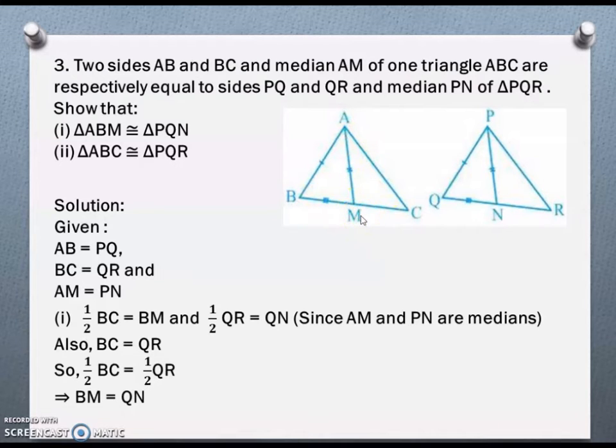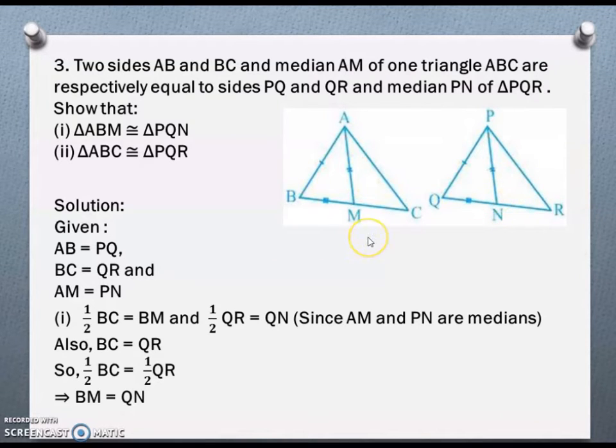It need not be 90 degrees. So here AM is not perpendicular to BC. AM divides BC into two equal halves. Here PN divides QR into two equal halves. That is the property of median.